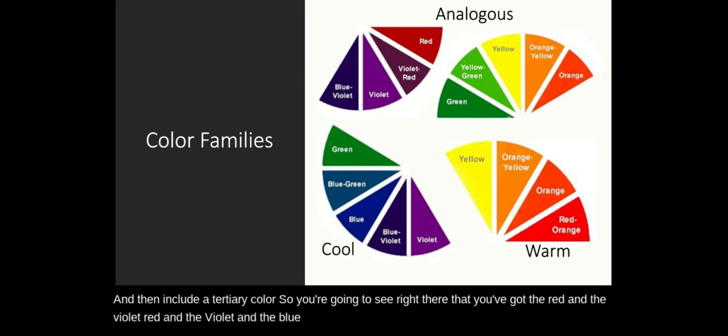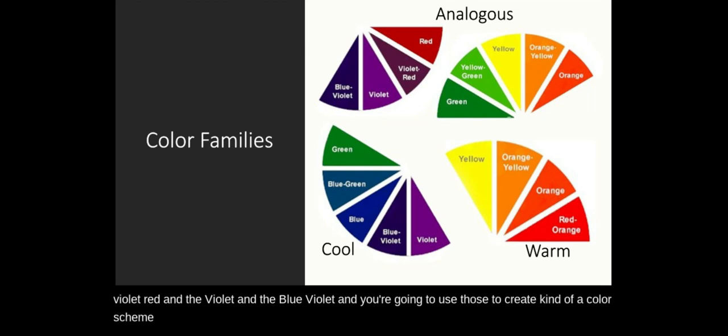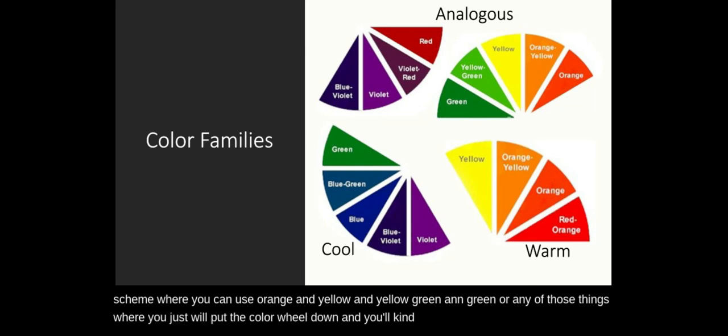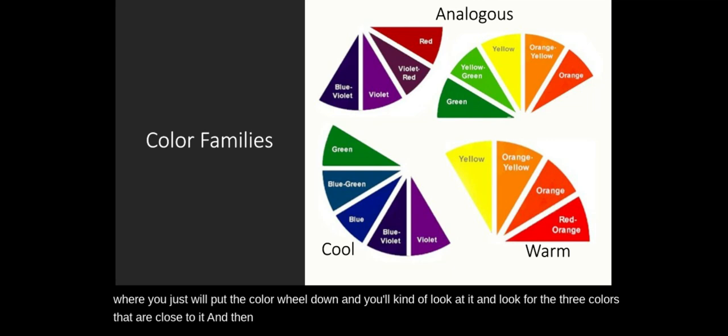And you're going to use those to create kind of a color scheme where you can use orange and yellow green and green, or any of those things where you just will put the color wheel down and you'll kind of look at it and look for the three colors that are close to it and then pick one of the tertiary colors.